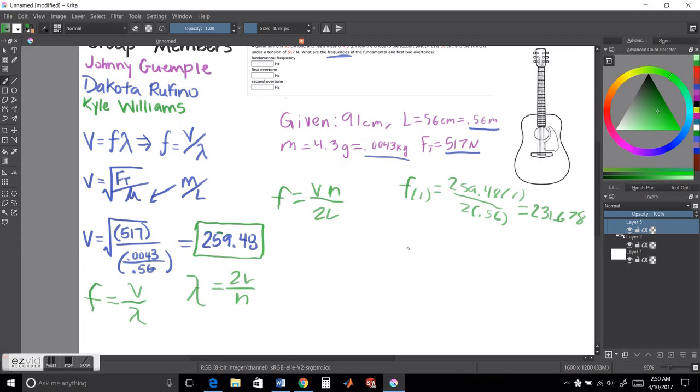For our second harmonic, we're going to have f sub 2 equals 259.48 times 2 over 2 times 0.56, which equals 463.357.